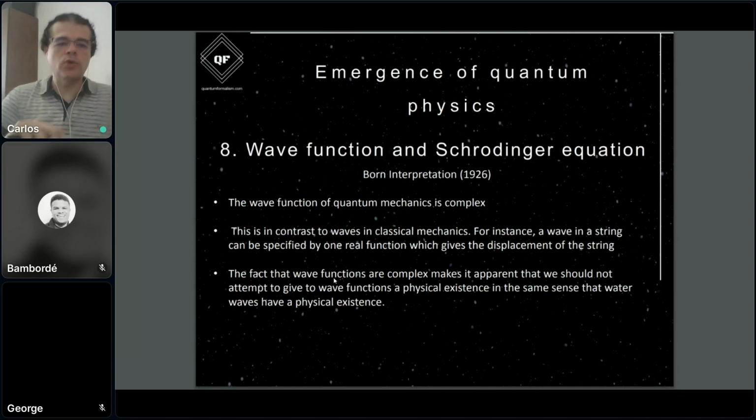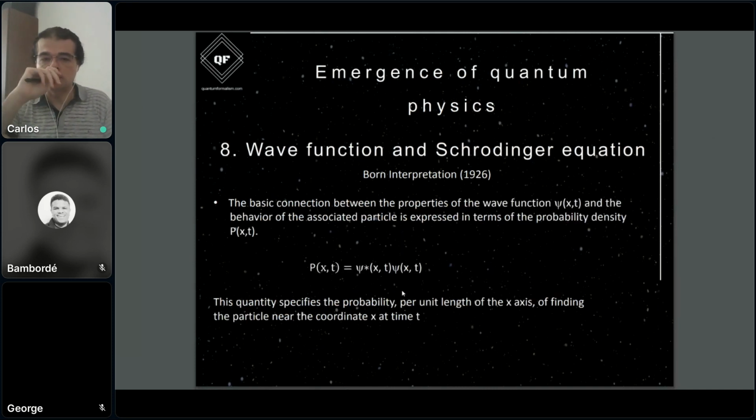The fact that wave functions are complex makes it apparent that we should not attempt to give the wave function a physical existence in the same sense that water waves have. So it seems that the wave function, psi, by itself does not have an existence in the sense that we could measure it, like we do with water waves.